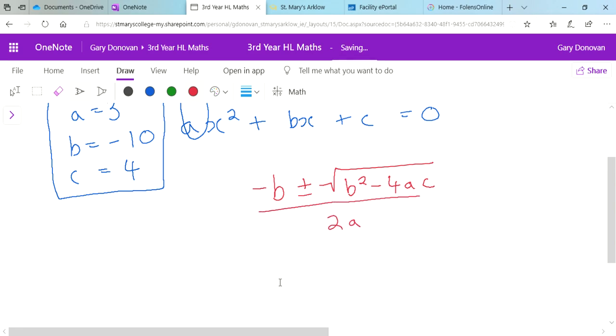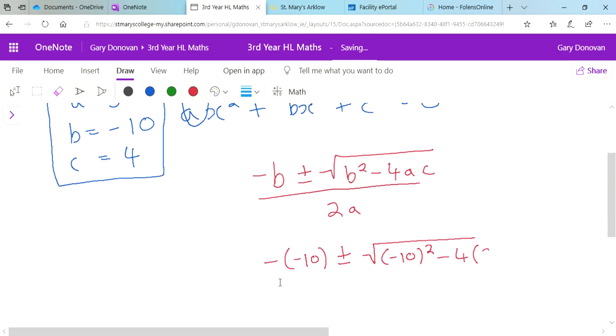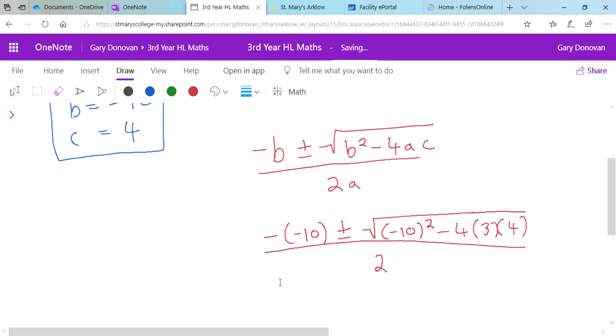And then we solve. So we've minus b, now that's minus our b, which is minus 10, plus or minus square root of b squared, which is minus 10 squared, minus 4 times our a number, which is 3, times our c number, which is 4, all over 2 times our a number, which is 2 times 3.